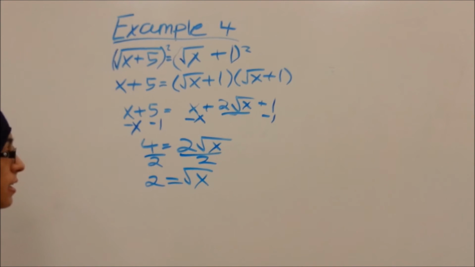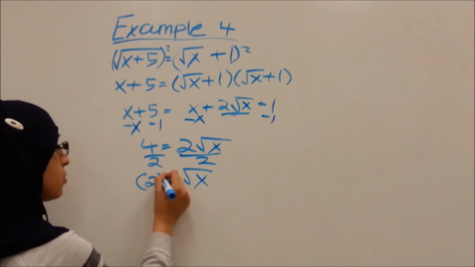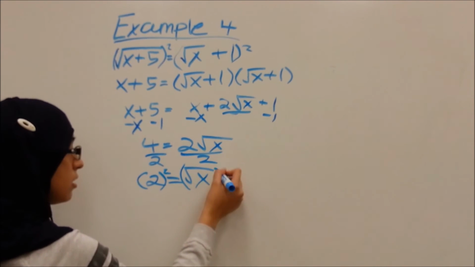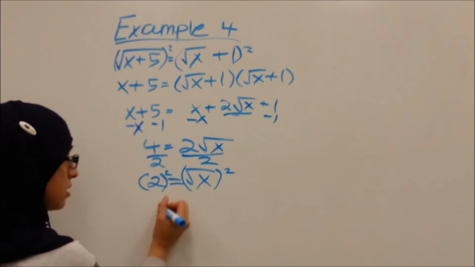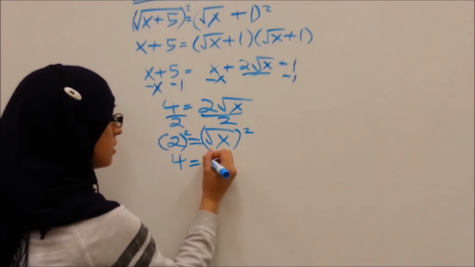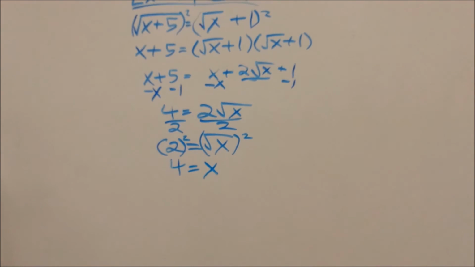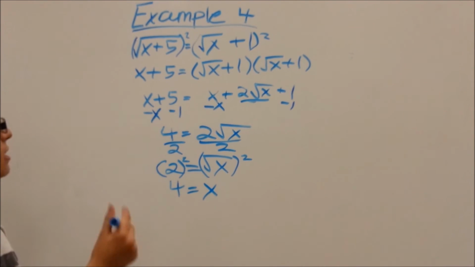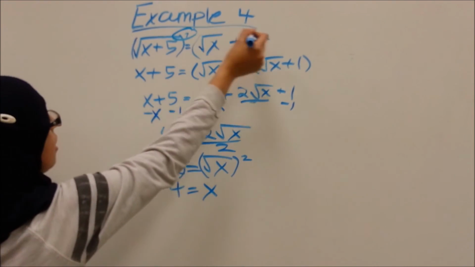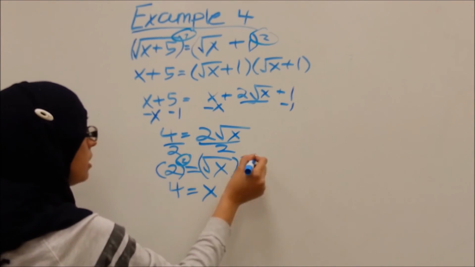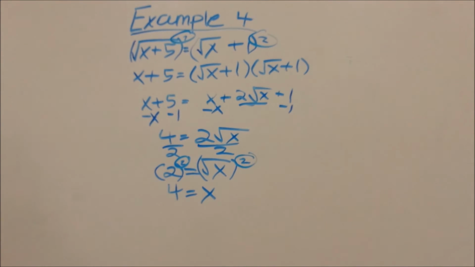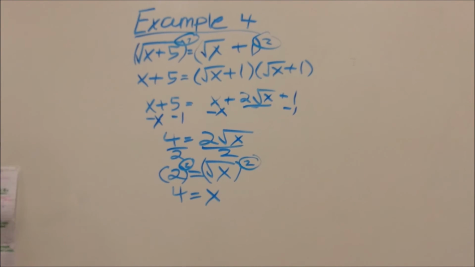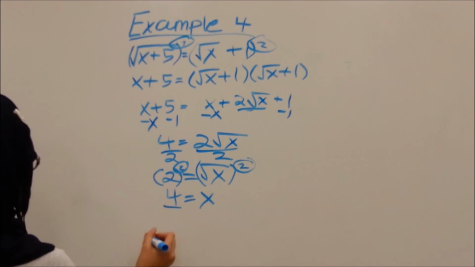Okay, and then to get rid of the radical, we have to square it. So square both sides. And that gives us 4 equals x. However, since we even powered both sides here and here, we need to check and see if it fits into our original equation. So we're going to plug this number back in.